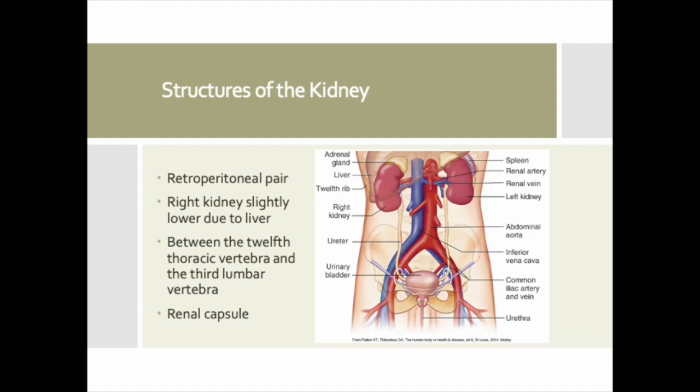And the capsule in this fatty layer is covered by fascia composed of fibrous tissue. We also have adipose tissue providing a cushion and helping the kidneys to stay positioned between the abdominal organs and the muscles of the back. All of this also helps with the protection from trauma.